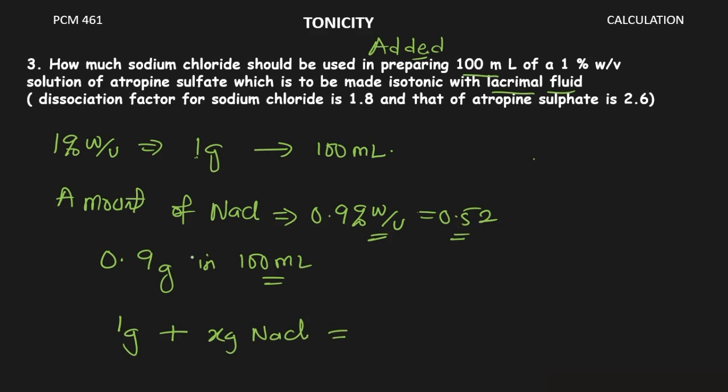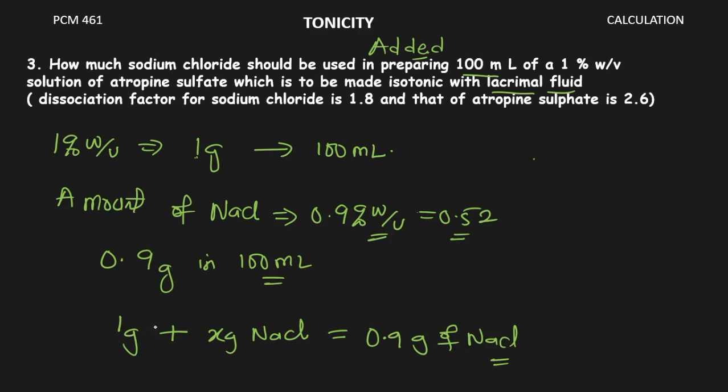But now the 0.52 is also equivalent to 0.9 gram, so you can say it equals 0.9 gram of sodium chloride. Do you understand now?